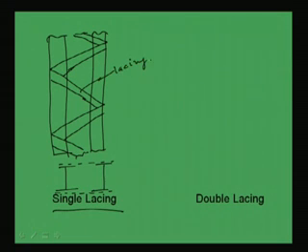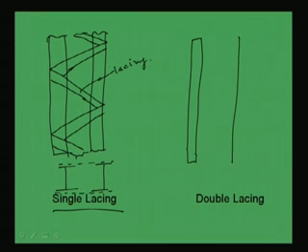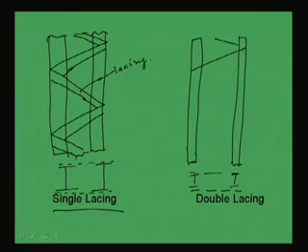And in case of double lacing, what will happen? Suppose this is one I section, another I section is here, right. These are laced in this way. Suppose it is going on like this in one way, right.